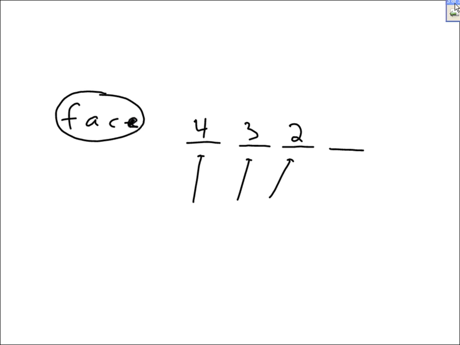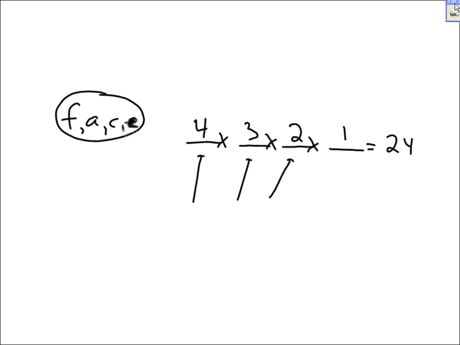And then you get to pick for the last letter, and there's only 1 left over to pick from. So the answer is there are 24 different permutations for the 4 letters F-A-C-E.